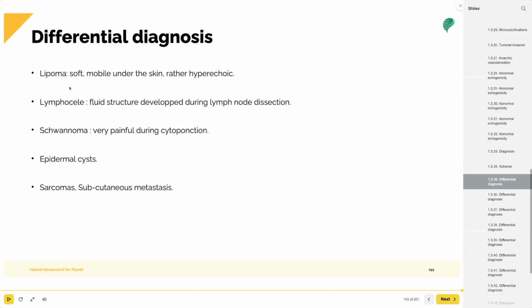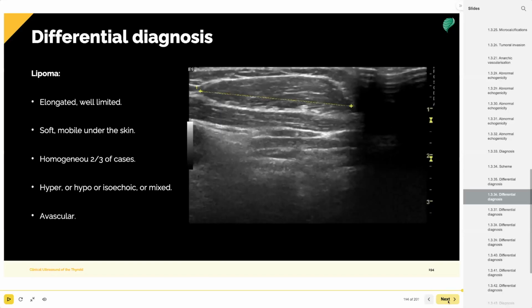A schwannoma is very painful. It can be an epidermal cyst. So there are other things that would stand out that would help you differentiate if this is a lymph node or something else, or further imaging would take place. But always use your color Doppler and all of your tools that you are able to use.